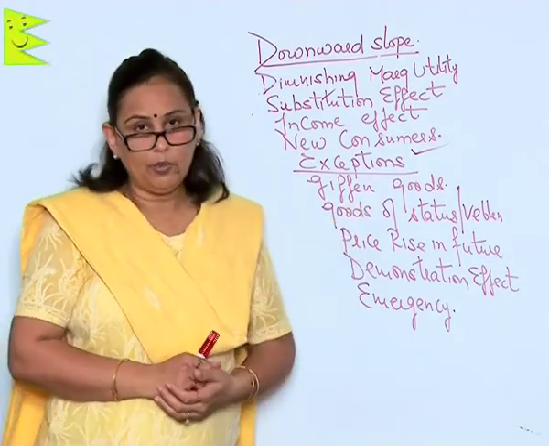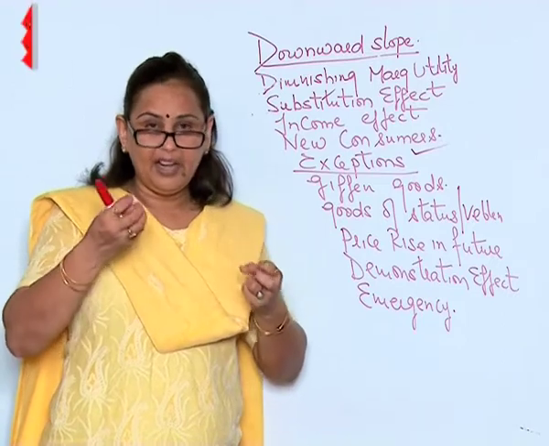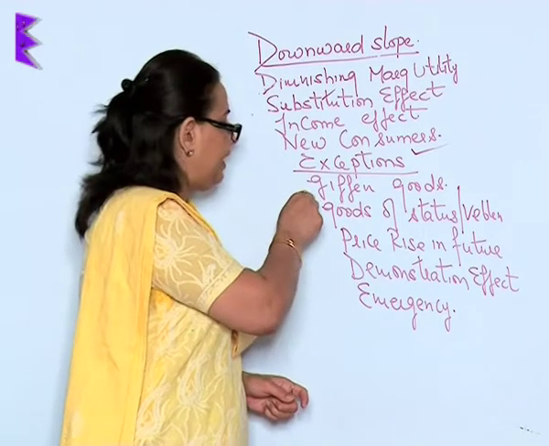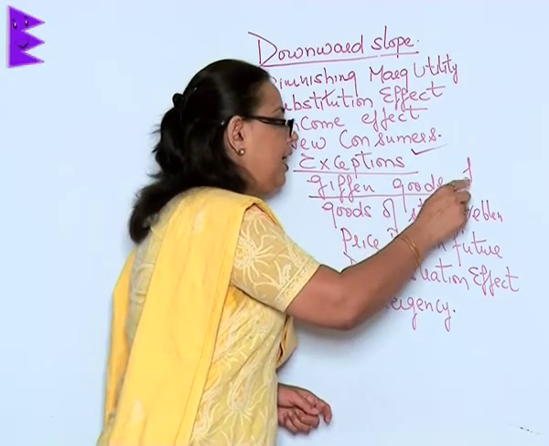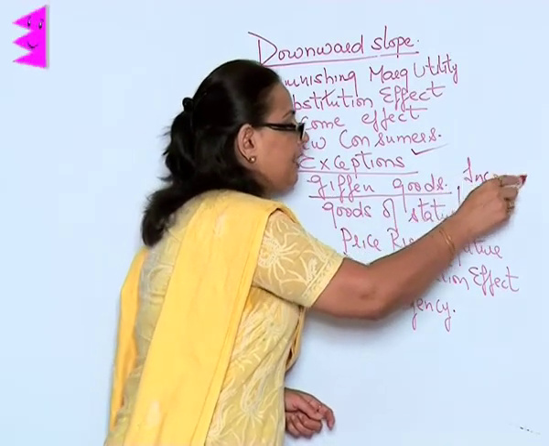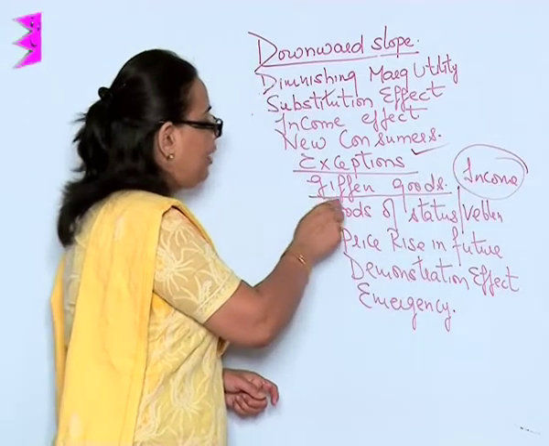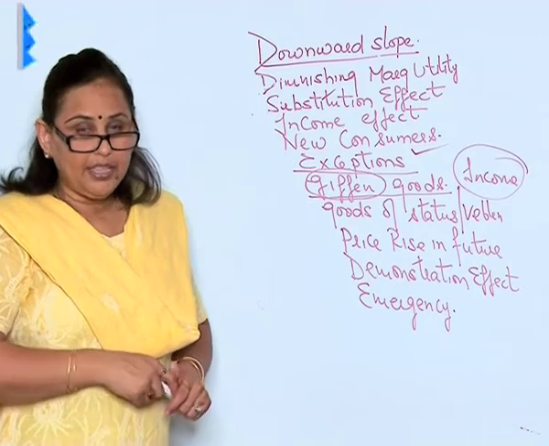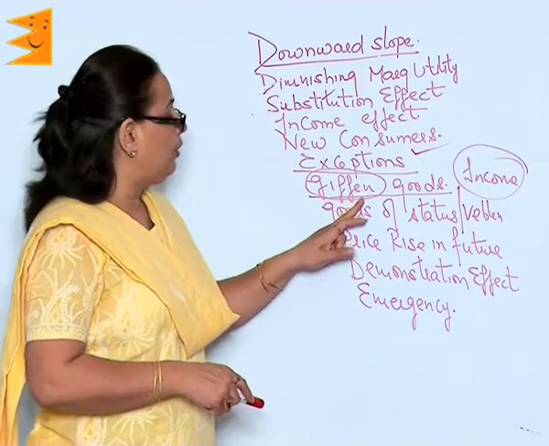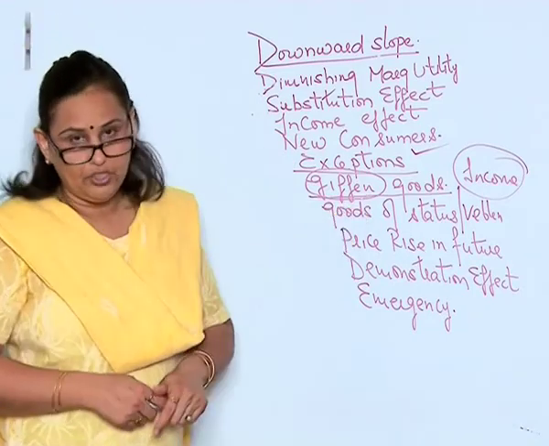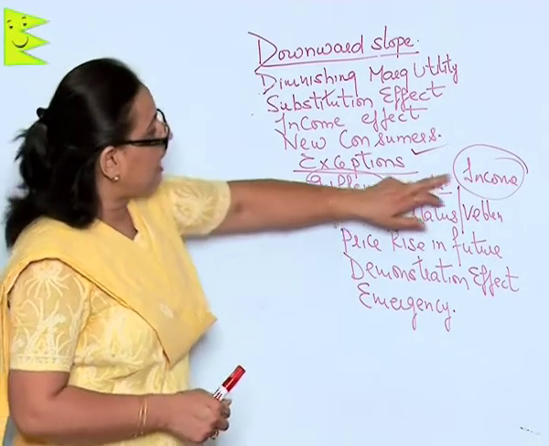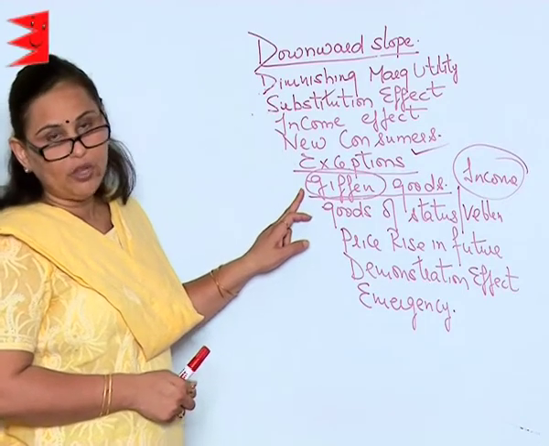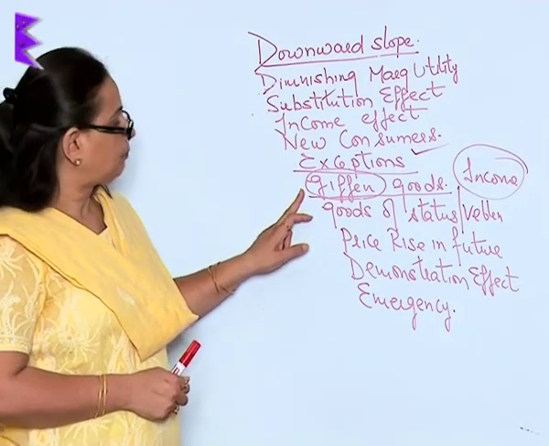Now, what are Giffen goods? Giffen goods are inferior goods. So here what we are observing is very different. The income of the consumer is increasing, but the demand for Giffen goods is decreasing. For example, instead of wheat, some people use jowar and bajra, but if the income of an individual rises, he will give up the use of these goods.